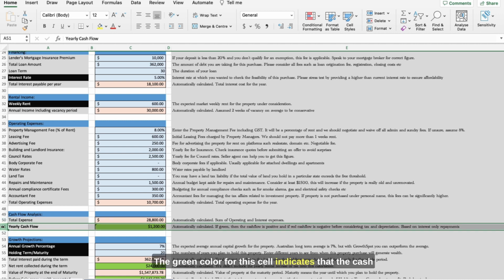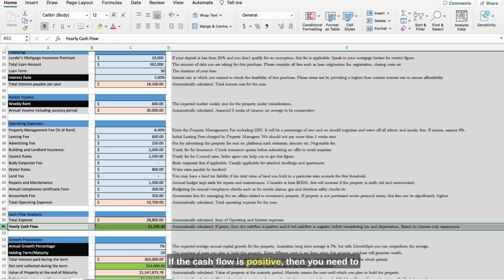The green color for this cell indicates that the cash flow is positive, and red indicates negative cash flow. This cell demonstrates that with a $600 per week rental income and an interest rate of 5%, this property will not cost you anything to hold and generate $1,200 yearly as positive cash flow.